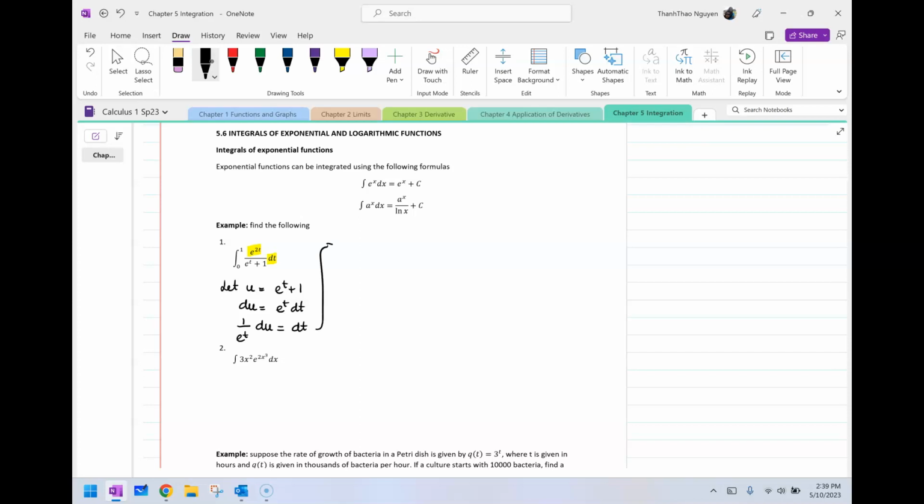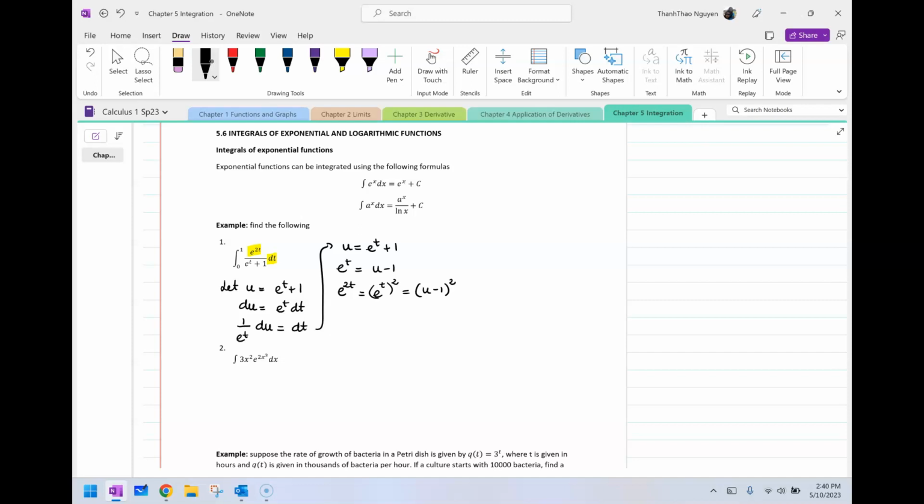Now we just said that u equals e to the t plus 1. This means e to the t equals u minus 1. I can then rewrite my integral. Oh, one last thing. e to the 2t is the same as saying e to the t, to the second. So this is the same as saying u minus 1, squared.